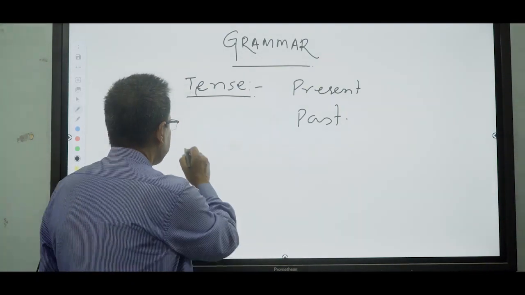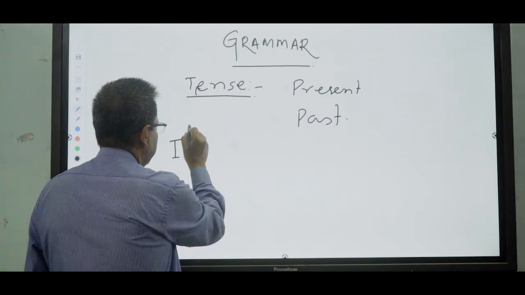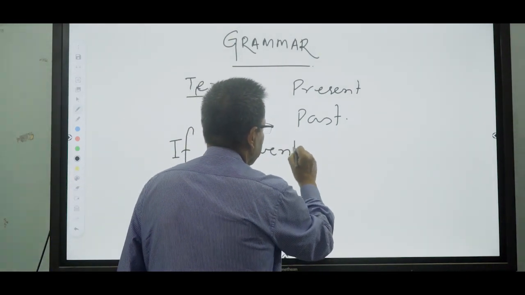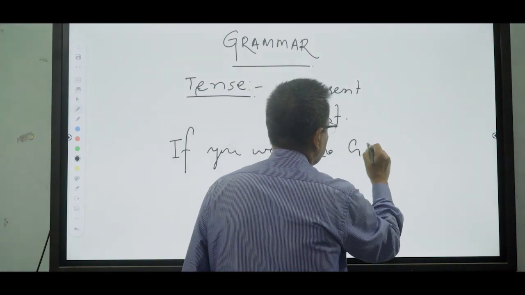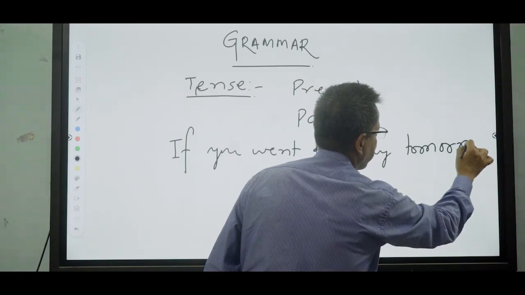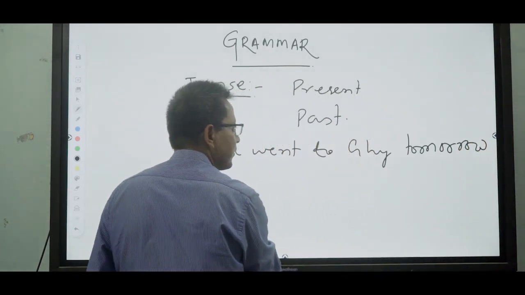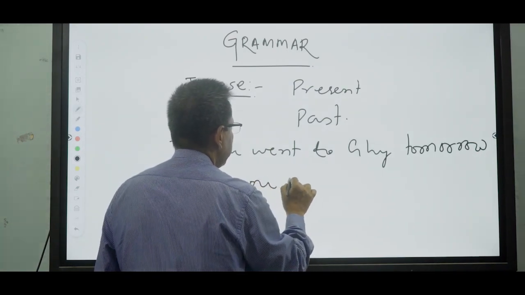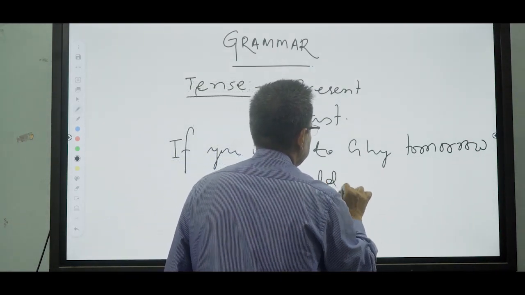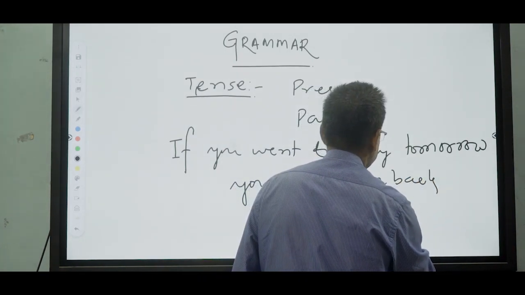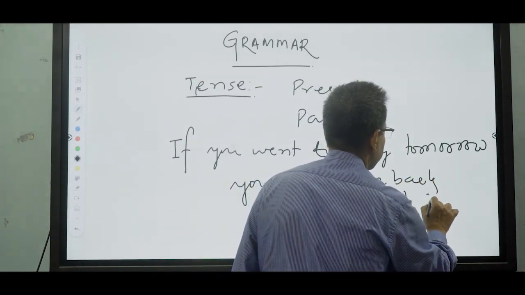I will show you another interesting sentence which tells us about a future action, but using past tense. For example, if you went to Guwahati tomorrow, you could come back next Friday.